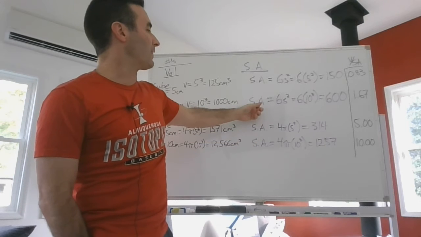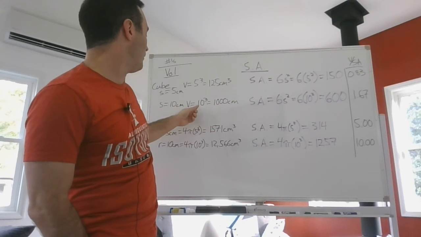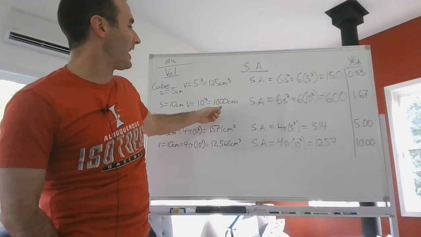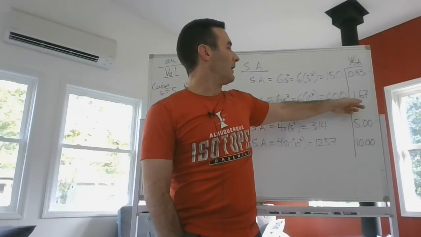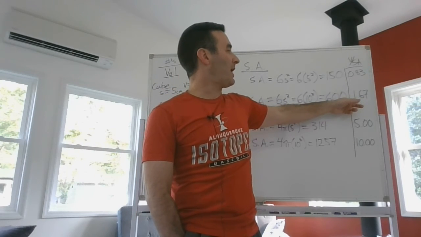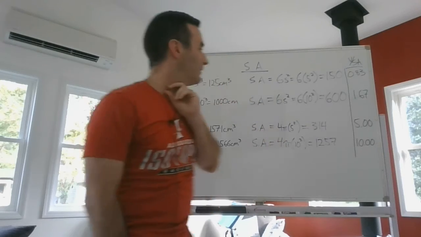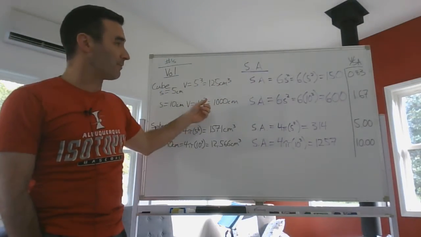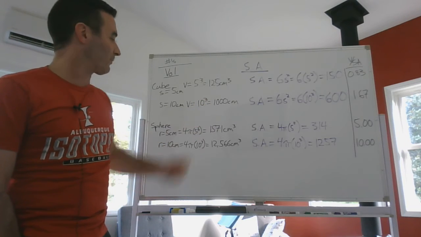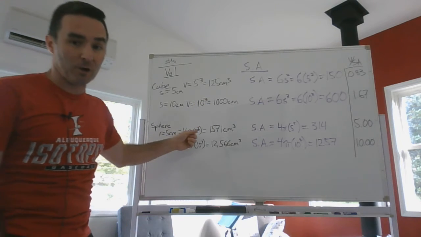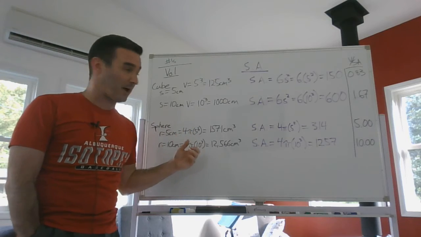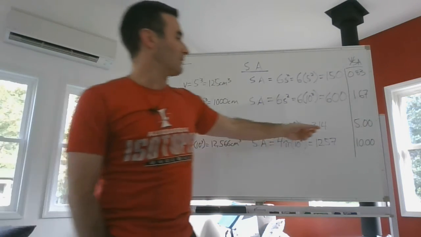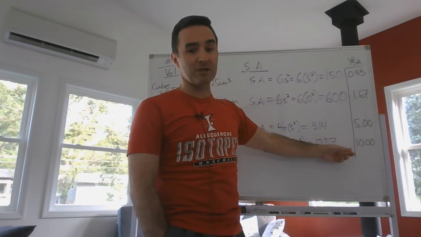But when you get over here and you double the length of your side, oh shoot, my volume has gone up considerably. Imagine what would happen if you went up by another factor of 2. This is going to go through the roof. Same thing with a sphere, which better approximates the shape of a lot of your cells. Your volume to surface area ratio doubles.